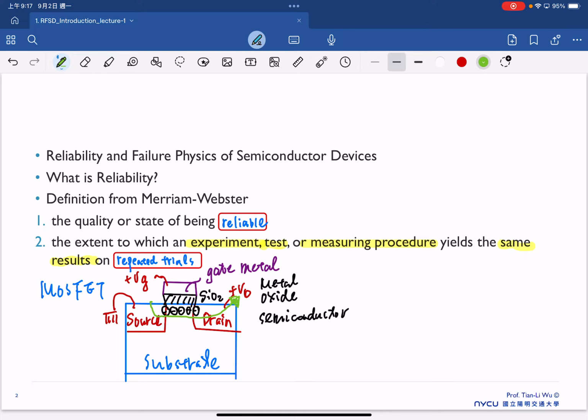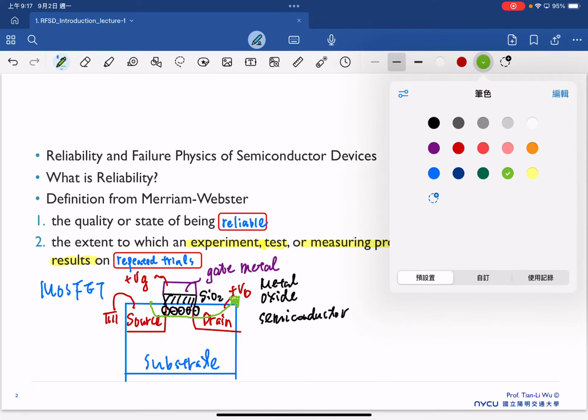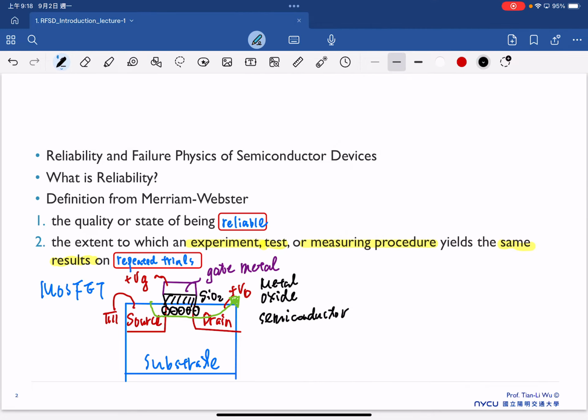And therefore, we can expect some kind of electron flow from the source region to the drain region. Since this transistor mainly operates by applying voltage, which is related to the electric field, that's why we call this a field.